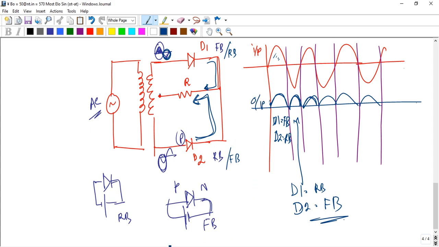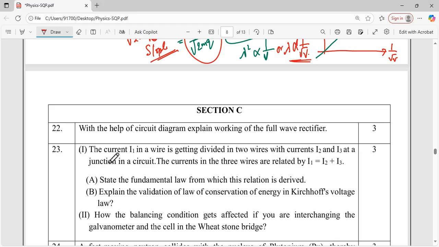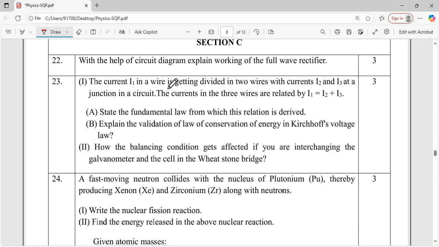Now the next question. The current I1 in a wire gets divided into two wires with currents I2 and I3 at a junction in a circuit, and the currents are related as I1 equals I2 plus I3. State the fundamental law from which that relation is derived.